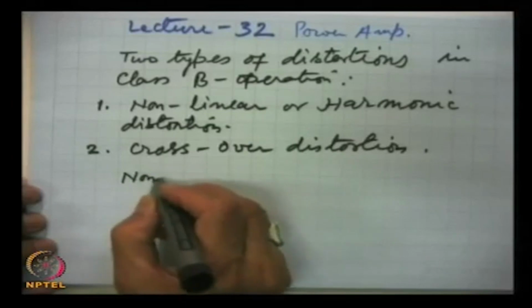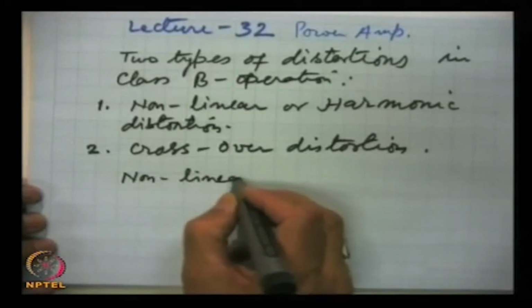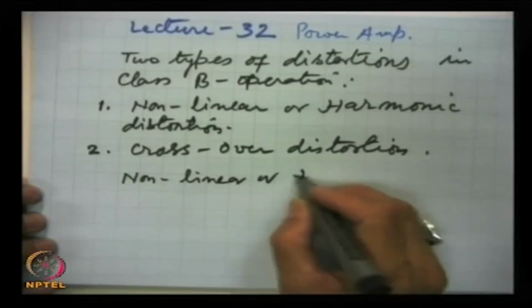The other one is crossover distortion. Now, we not only talk about these two distortions in detail, but also the remedies. That means class B operation, finally we will see, is free from both these kinds of distortions. So, first we study the nonlinear or harmonic distortion.